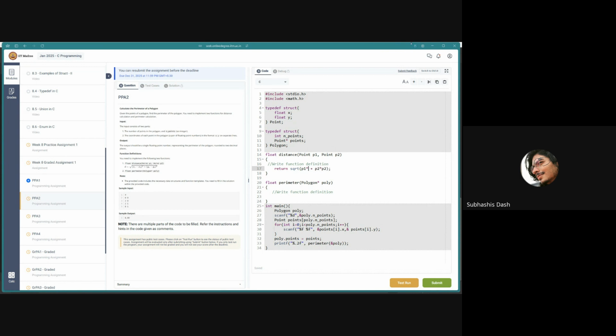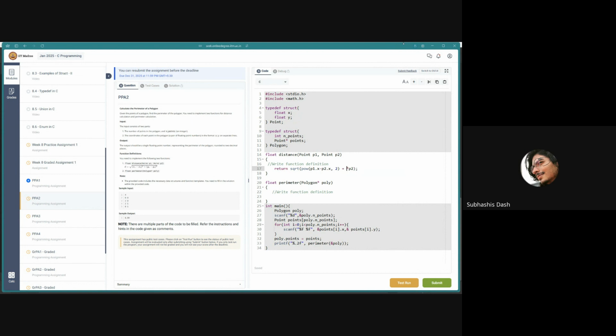The reason is that this is not an integer or float. This is a point data type, and the point data type has two values, x and y. So what we actually have to do over here is p1 dot x minus p2 dot x, squared. Let's just use the power function, pow, comma 2.